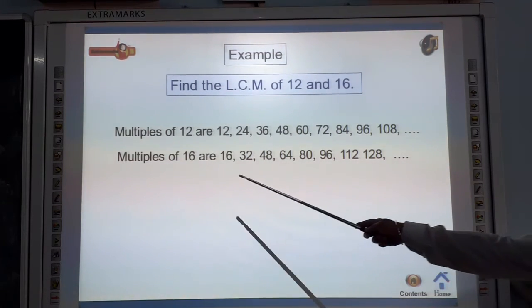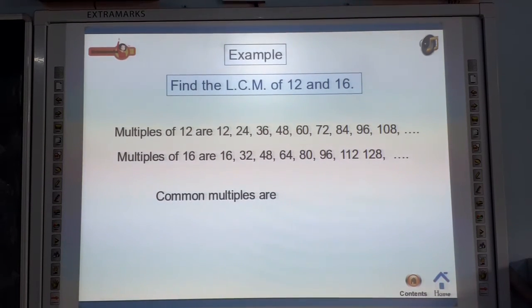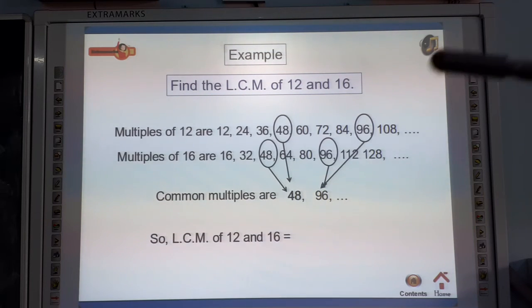And multiples of 16 are 16, 32, 48, 64, 80, 96, 112, 128 and so on. So common multiples are 48, 96 and so on. Okay student, look at this. So LCM of 12 and 16 is equal to 48. Least common multiple is equal to 48. Okay.